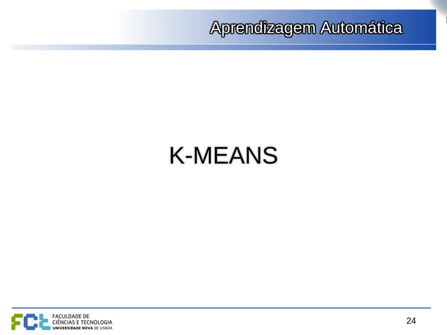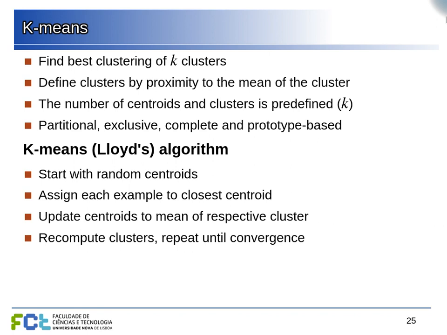This is a simple one that we can use to illustrate the process of grouping points together. So this is k-means clustering. We want to find the best way of grouping our points into k clusters. This parameter, the number of clusters, is previously determined.